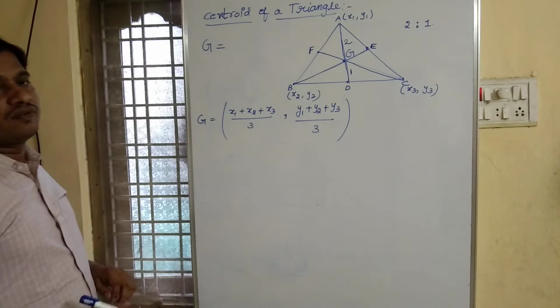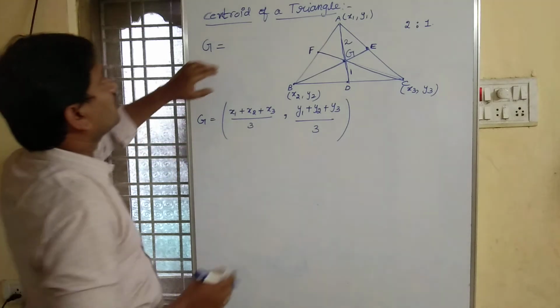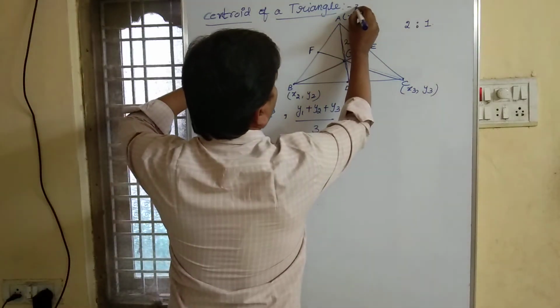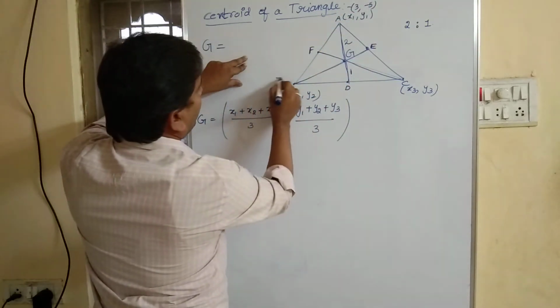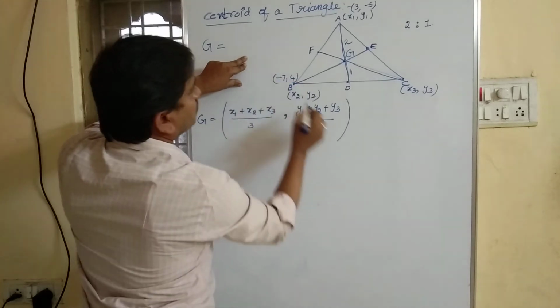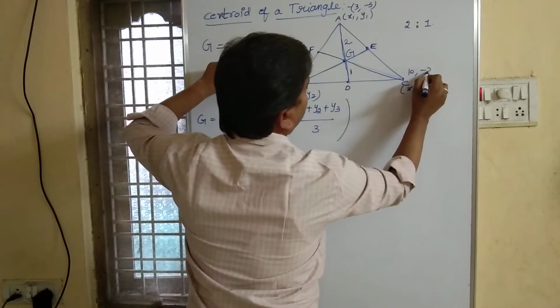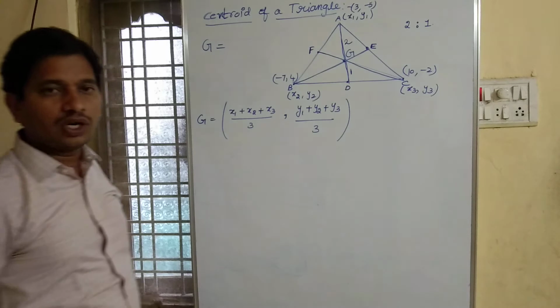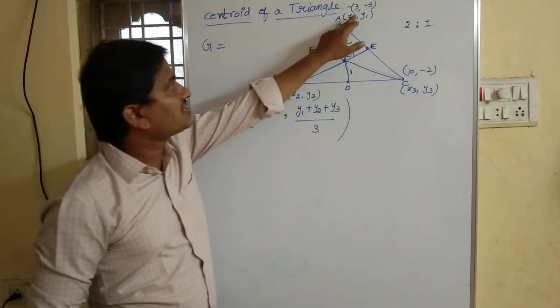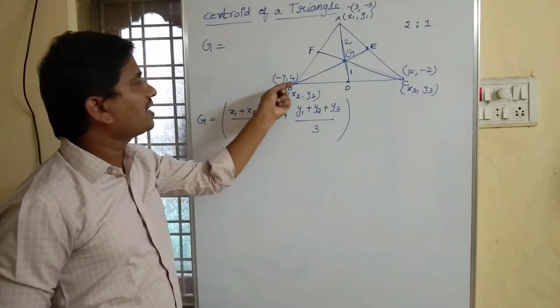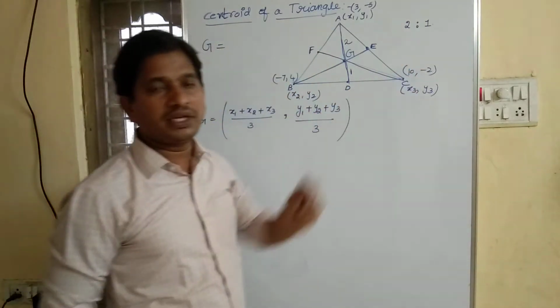For example, find the centroid of a triangle whose vertices are (3, -5), (-7, 4) and (10, -2). See children, the given vertices are (3, -5), (-7, 4) and (10, -2).